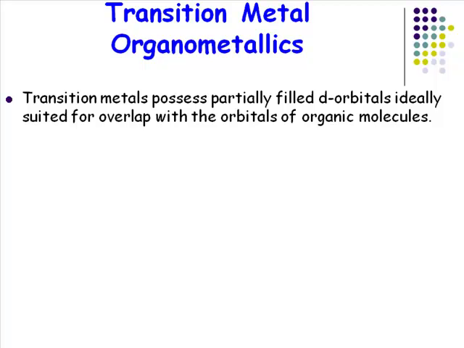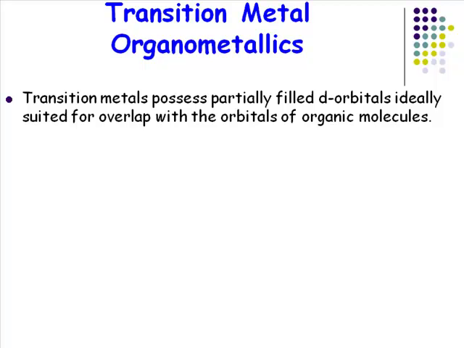Now, why then are these transition metal compounds ideally suited for forming organometallics? Why is it that transition metals form these novel organometallics in a huge variety of different patterns? Well, what we have to recognise, of course, is being transition metals, they do their chemistry with d orbitals, but they are not restricted to doing their chemistry with d orbitals.